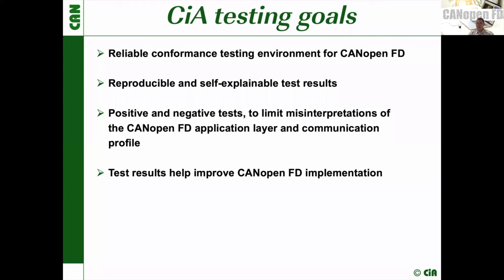How does the device handle this? Does the device indicate some errors and say, hey, there's something strange, so I go into an error reaction? Or does the device accept this? Also something like that is under evaluation, and the test results are then discussed with you as a customer and help you to improve the CANopen FD implementation.